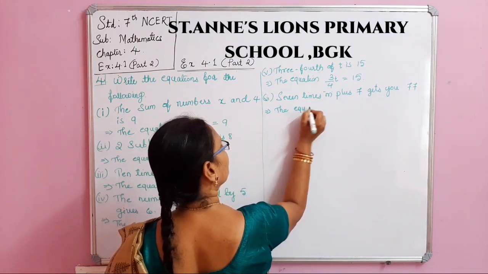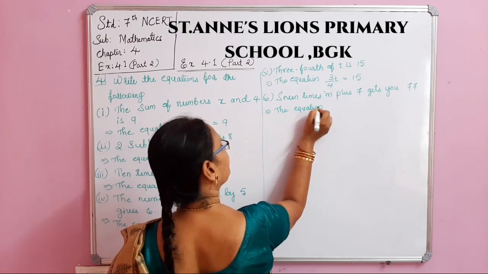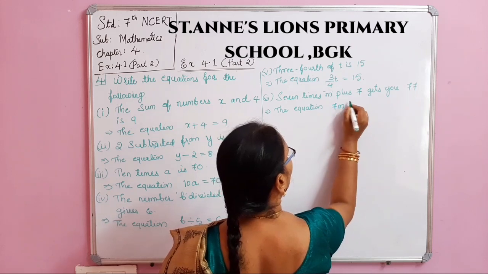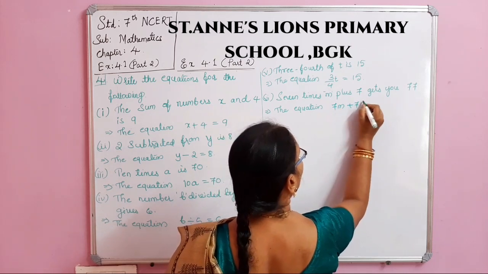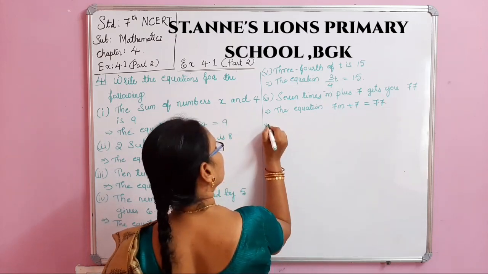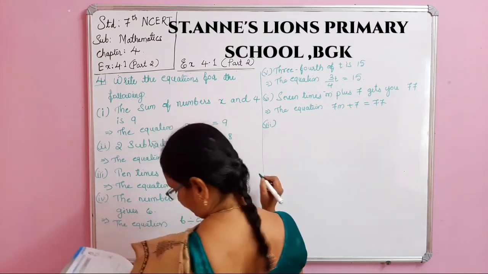The equation, 7 times m means 7m plus 7 gets you means is equal to 77. This is what the sixth one.